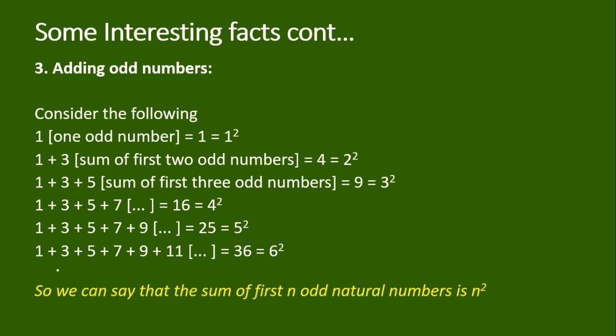So if you are adding the first 6 odd numbers, then the sum is equal to 6 square. Similarly, if you are adding the first 5 odd numbers, then the sum is equal to 5 square. So if we are adding the first 5 or first 6 or first n odd natural numbers, then the sum is equal to n square. So this is our third interesting fact.